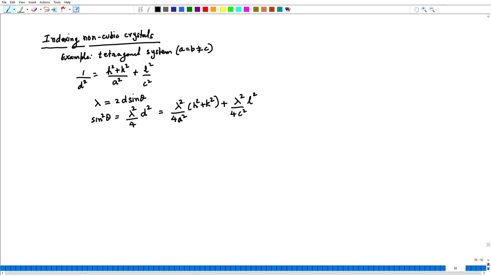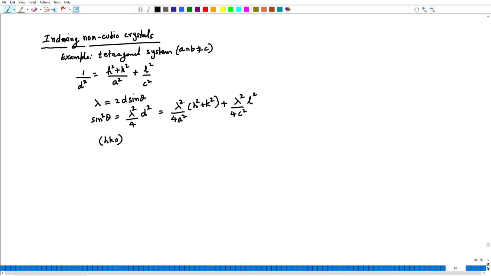One way to think about it is that we look at groups of peaks. Let us say peaks which have indices of hk0. We do not know which ones are there, but let us say that I am only trying to figure out those peaks which have the indices hk0.